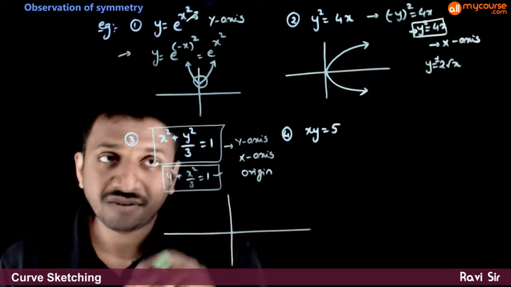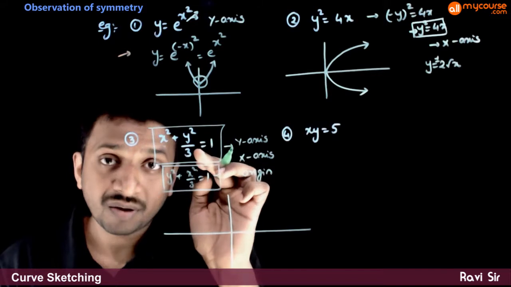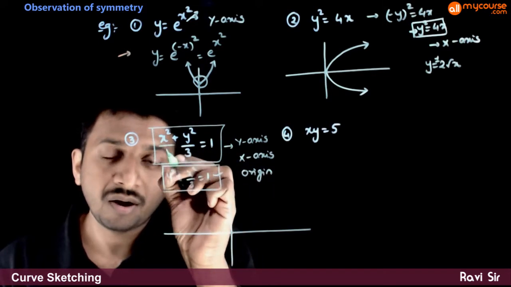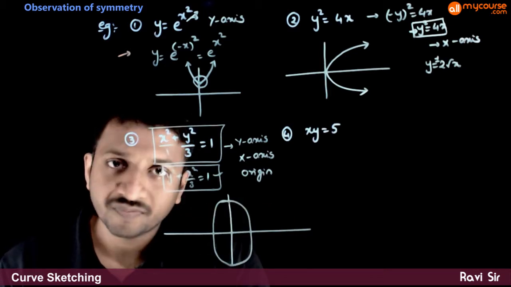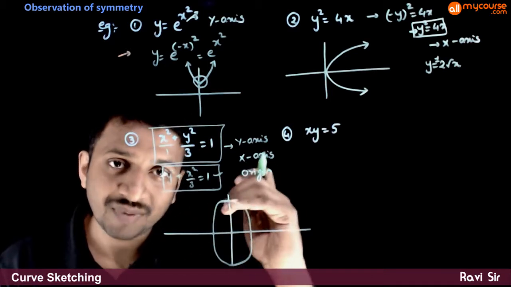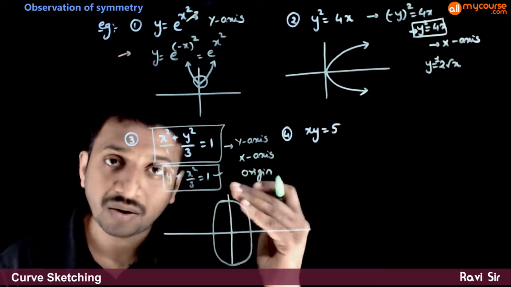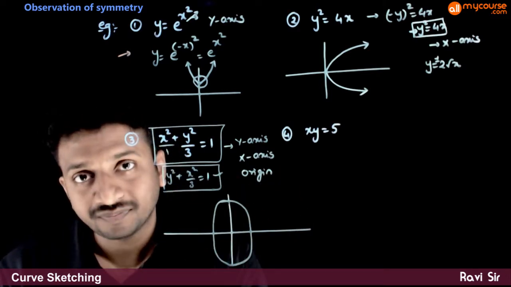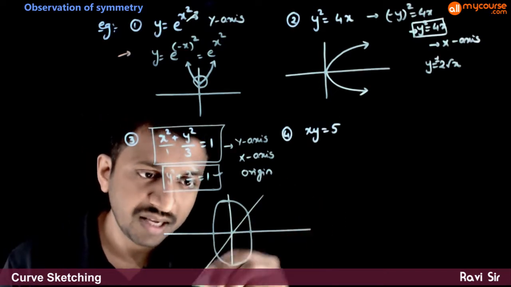So if you draw the curve, we know that it is an ellipse. The denominator of y square is more than the denominator of x square. So it is a vertical ellipse. You can clearly see that this is symmetric about the x-axis, y-axis and about the origin also. And it is not symmetric about the line y is equal to x.